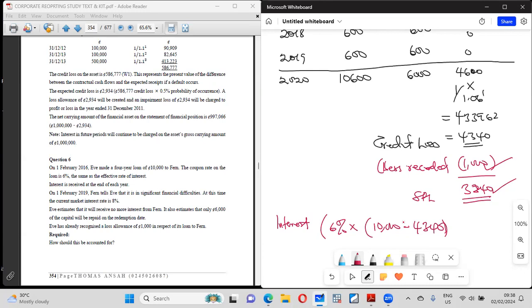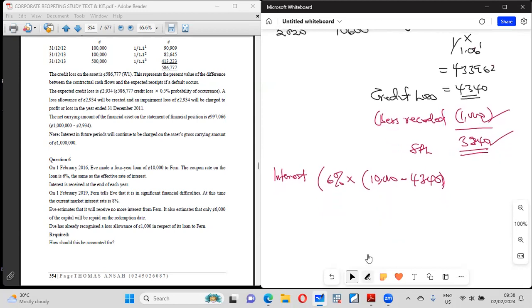So you are getting what? We have 339.6. So if you want to round it, you can say 340. All right. So that is that. So you see how we work out the impairment. All right. So be very, very careful about that.